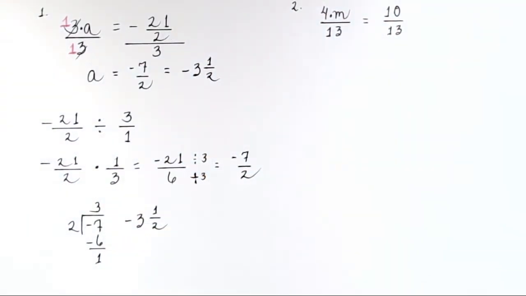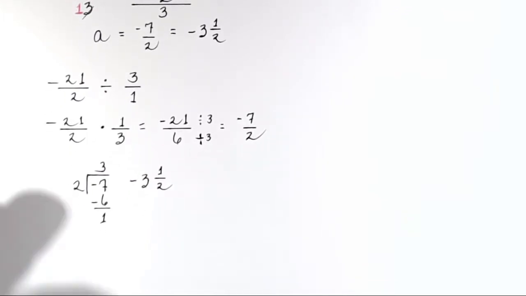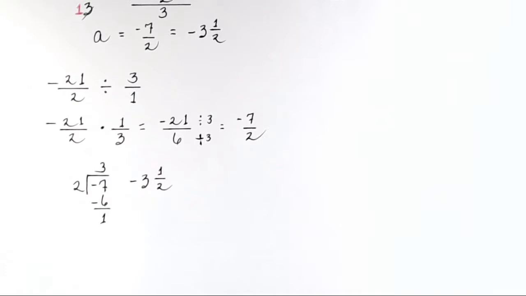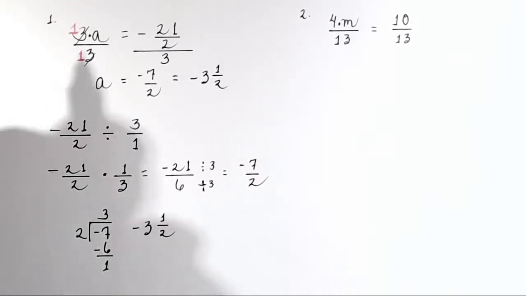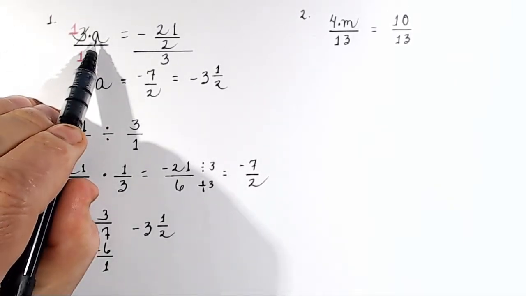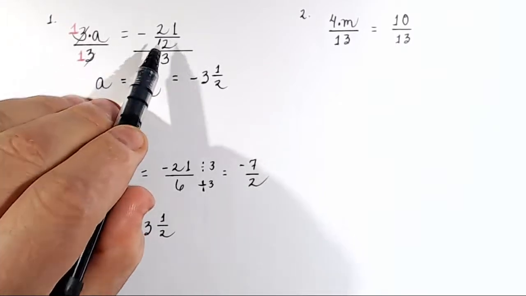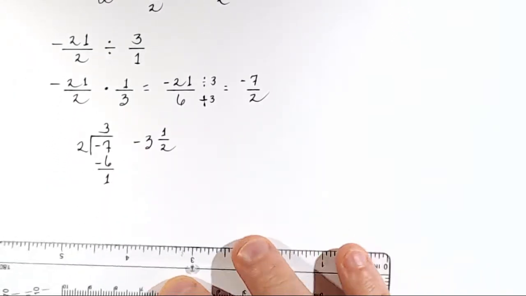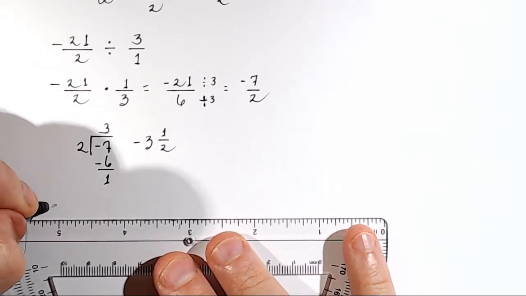Now let's check the problem. So we think a is equal to negative 7 over 2 or negative 3 1/2. If that's true, we should be able to plug it in for a, and it will equal the other side. So we'll rewrite our problem. This is our check.